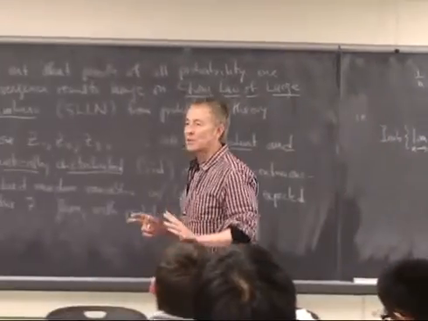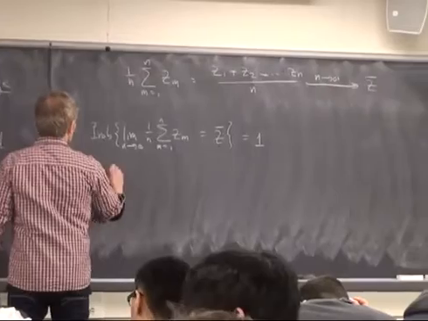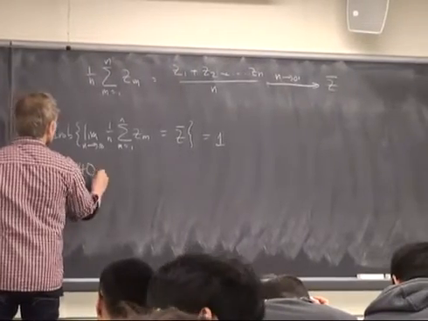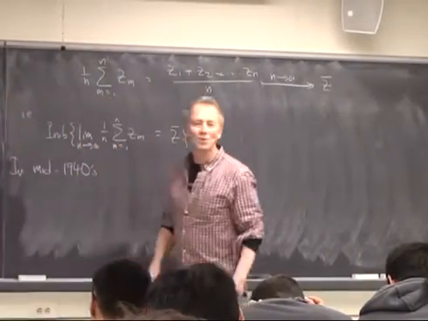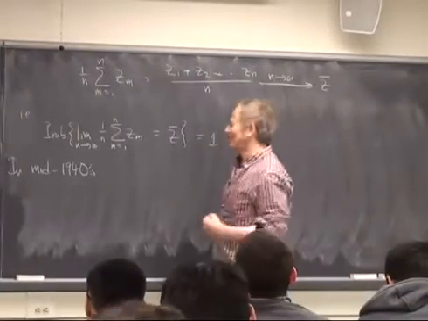But in the mid-40s, and I have to say 1940s because pretty soon I'll be teaching students who were born after 2000, and that's pretty frightening. Pretty frightening to me.